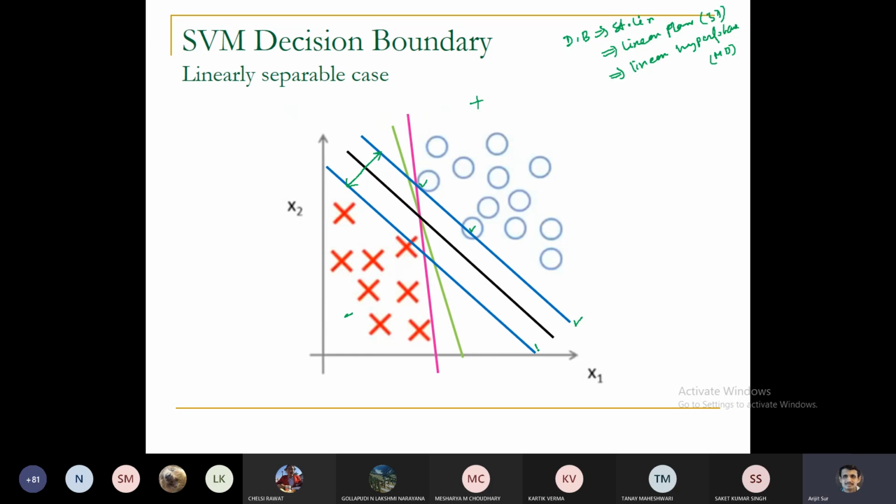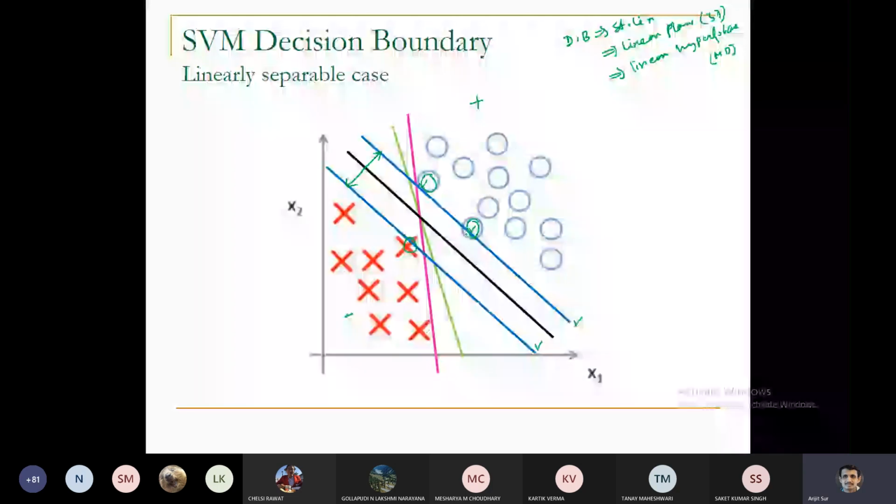These are the points which are basically helping to find the high margin classifier. These data points are called support vectors.